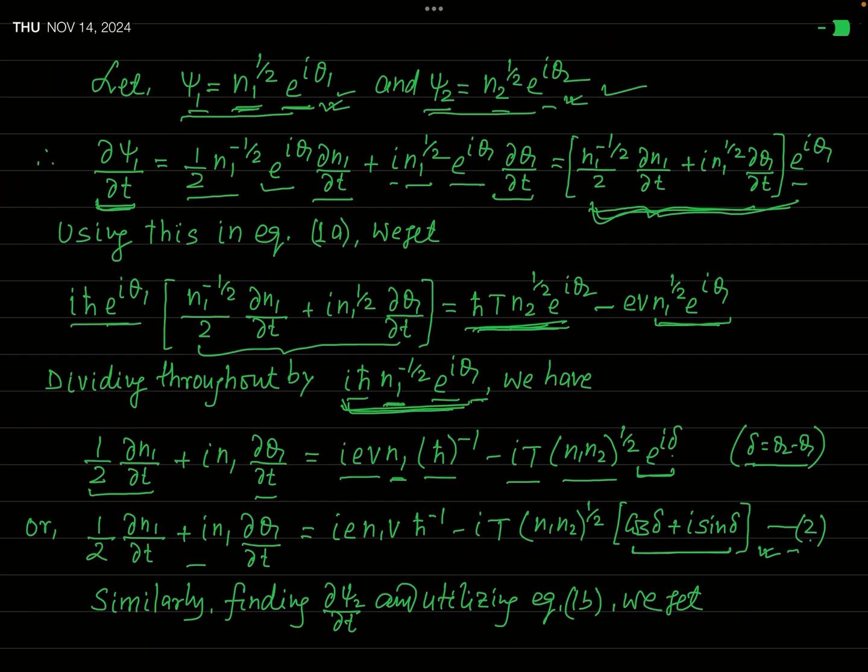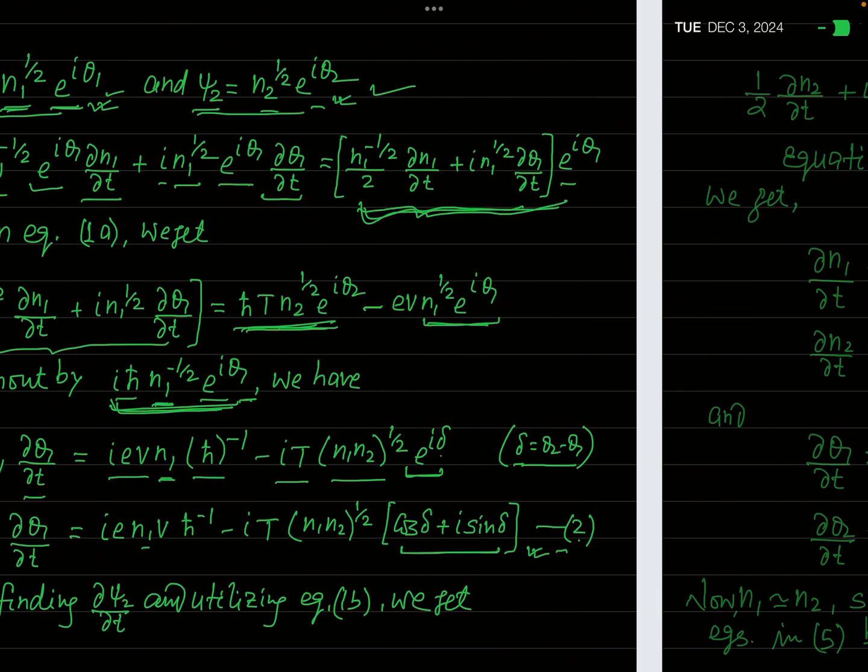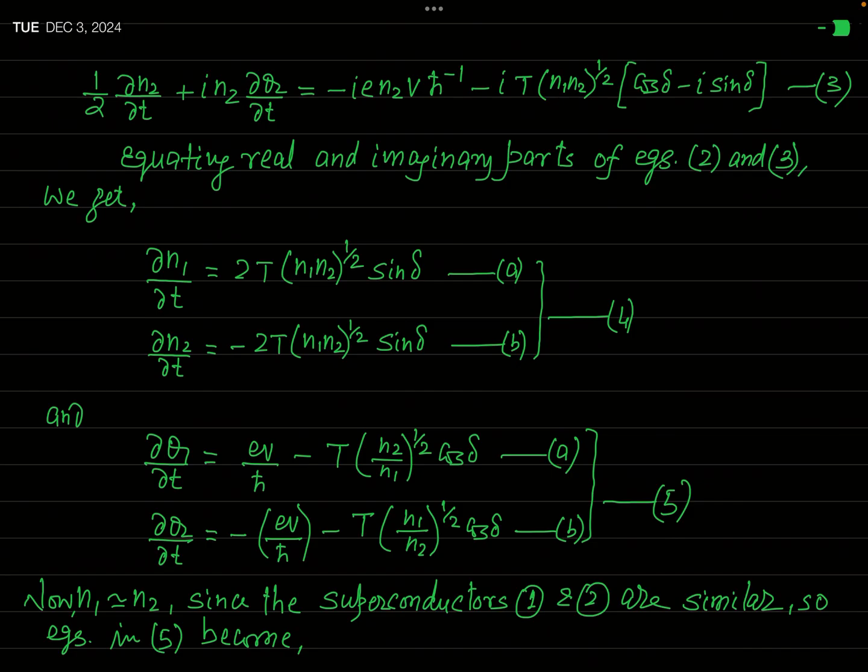So let us see. Here there is a term 1/2 ∂N1/∂t. So in this case, what will be the result? What will be this term? This will be 1/2 ∂N2/∂t. And here instead of θ1 there will be θ2, instead of N1 there will be N2. So you can see I have written it here.